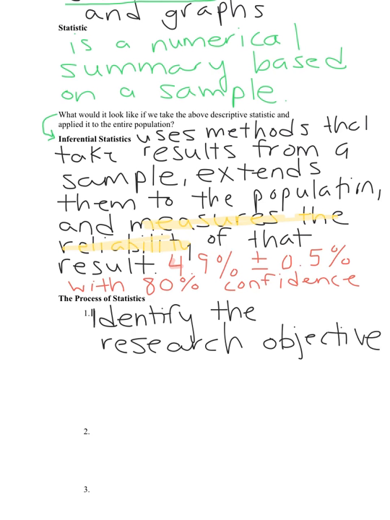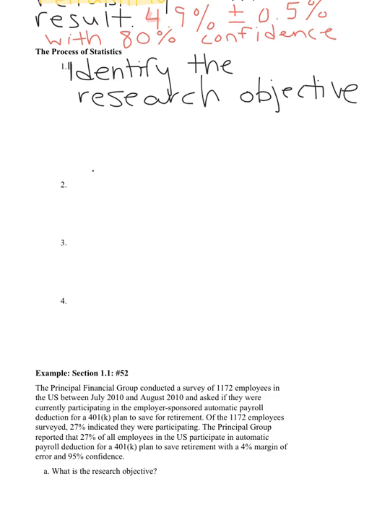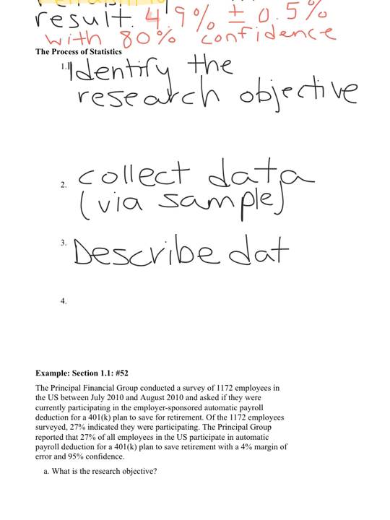Then we collect the data. That was when the Gallup organization sampled 1,028 teenagers. Then we describe the data, which in this case was that 4.9%. And the last step is we perform our inference.